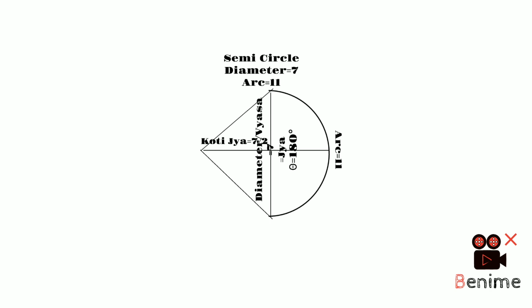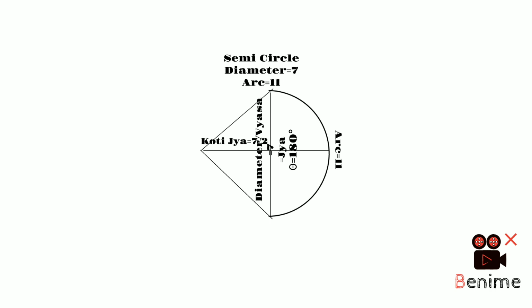And of course the angle will be 180, and the ja will be 7 because ja and radius both are same here, right? That's the basically koti ja could also be half the size of ja or vyasa. So this is the semicircle.